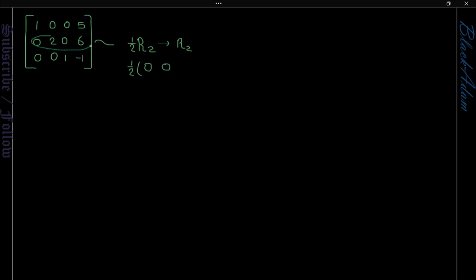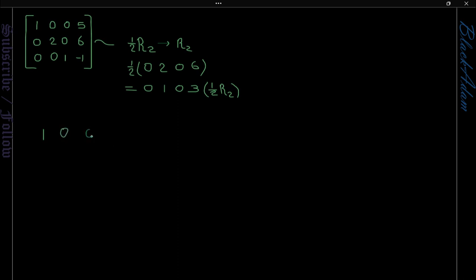So that's going to be half of 0 2 0 6, and then that will be 0, half times 2 is 1, half times 0 is 0, and half times 6 is 3. That's what we did, half of row 2.